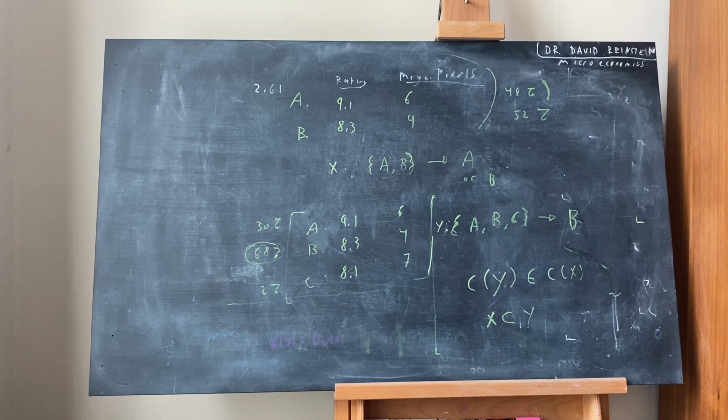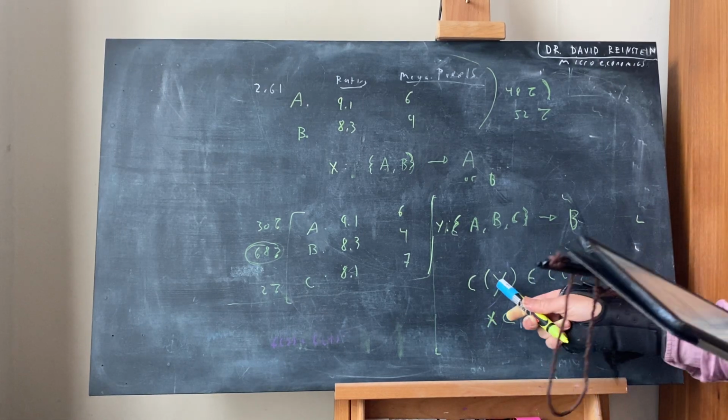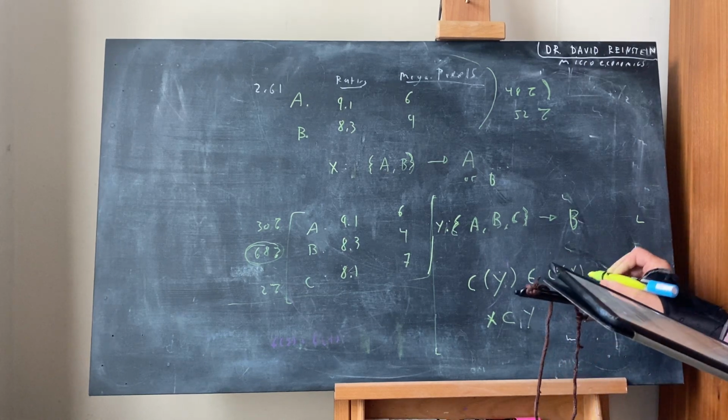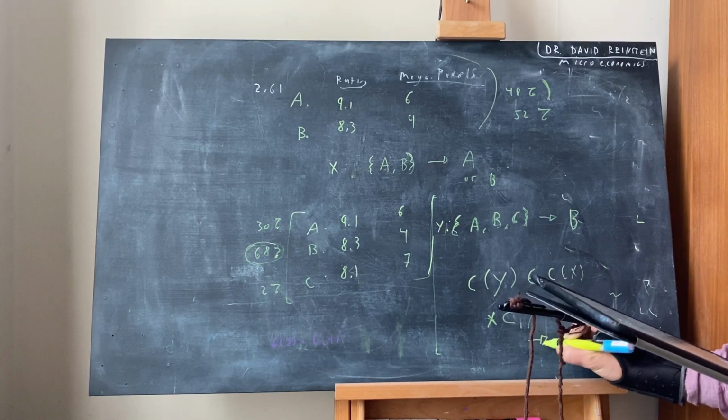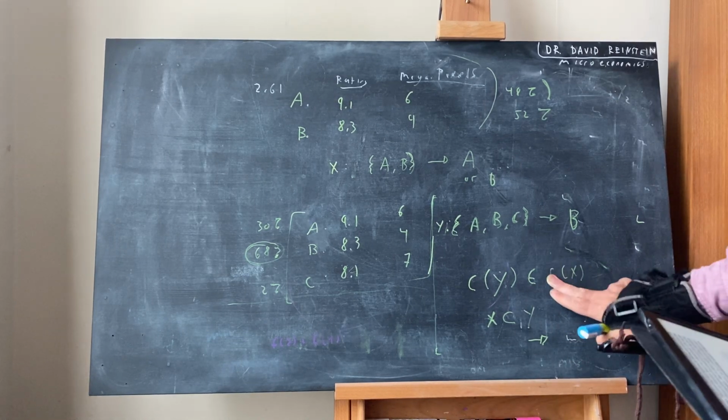So preferences satisfy property alpha if any choice made in a larger set is available in a smaller set, then it must be the case that it was also, this is wrong. Sorry.